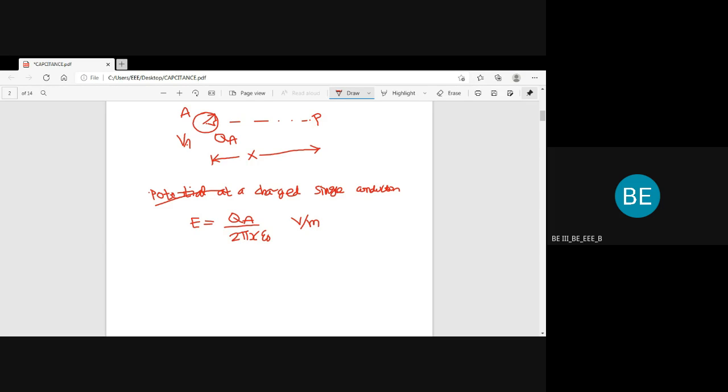QA is the charge per meter length, and epsilon naught is the permittivity of free space.